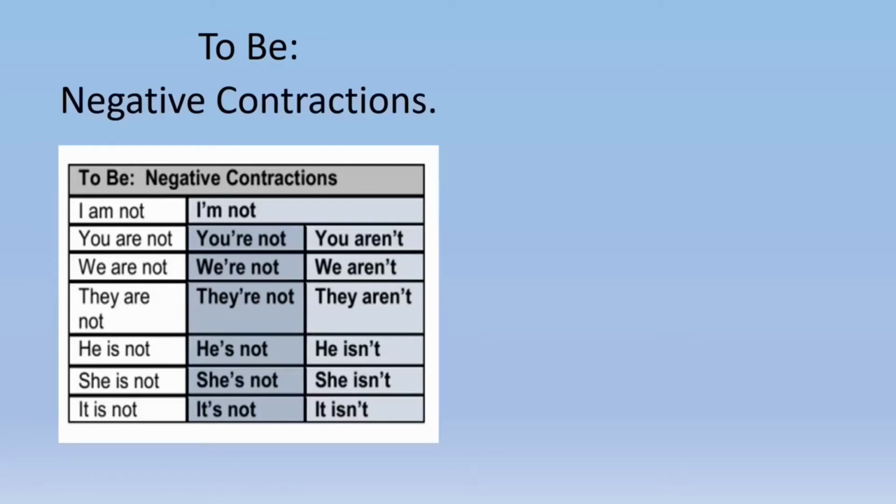He is not can become he's not or he isn't. She is not can become she's not or she isn't. It is not can become it's not or it isn't.